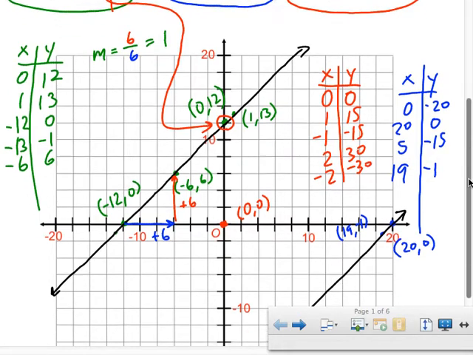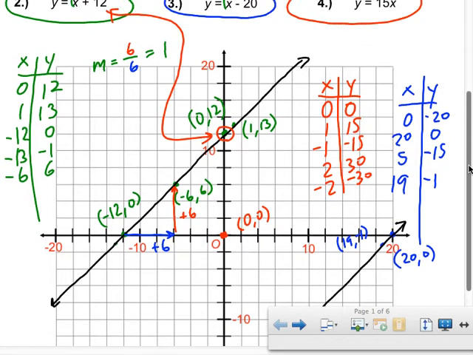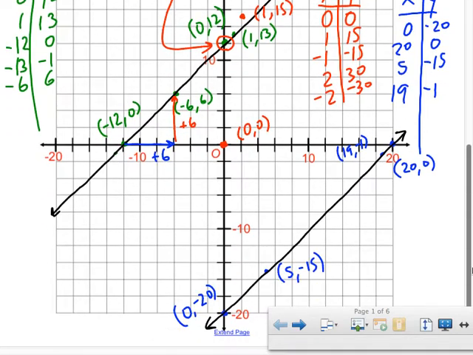Okay, so at 1, I'm at 15. Okay, here is 15 right here. And I'm going to go ahead and label that 1, comma, 15. And then at negative 1, I'm at negative 15.